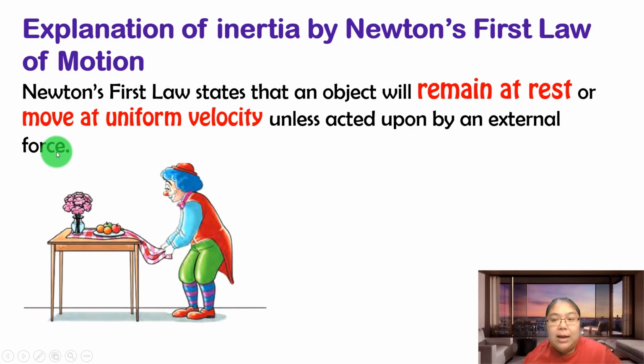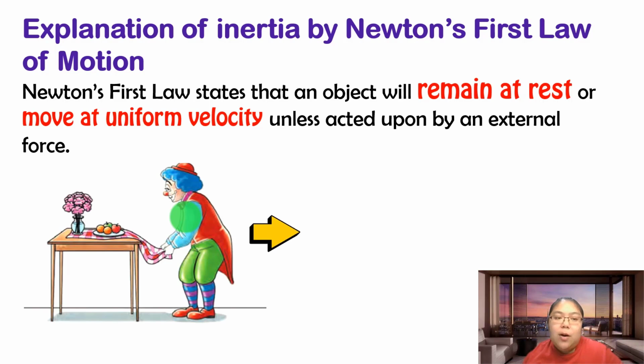Okay, let's see another example of inertia. Now the person wants to pull the tablecloth. Above the table, we have a vase and a plate. If the person wants to make all the objects on the table remain on the table, what do they need to do? They must pull the tablecloth faster.